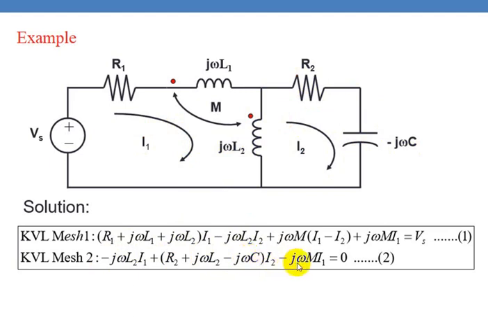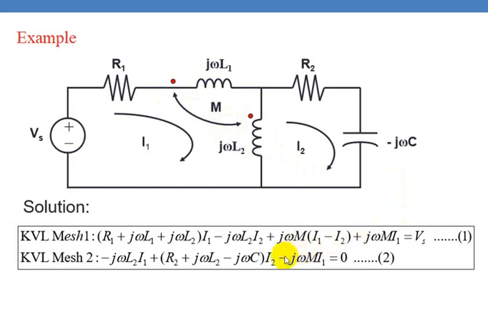Coming to the mutual inductance, only this inductance is present here, and the mutual inductance voltage will be j omega M. And what is the current? Which coil is coupled to this? This coil. What is the current flowing in it? It is I1. So j omega M into I1. What is the sign?